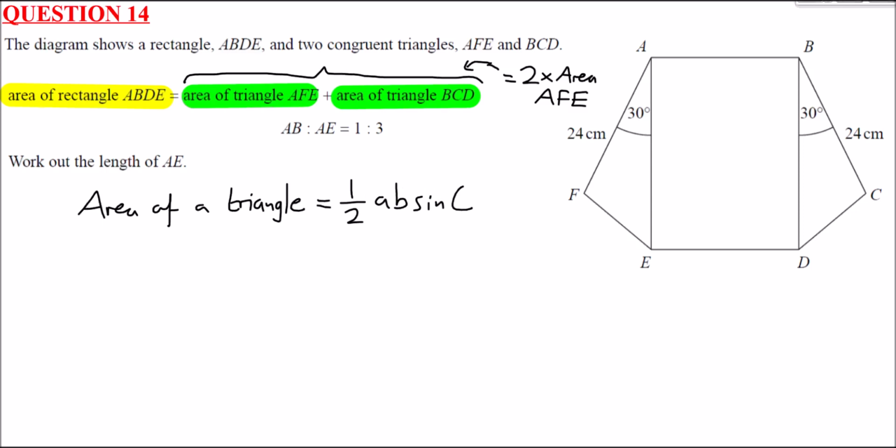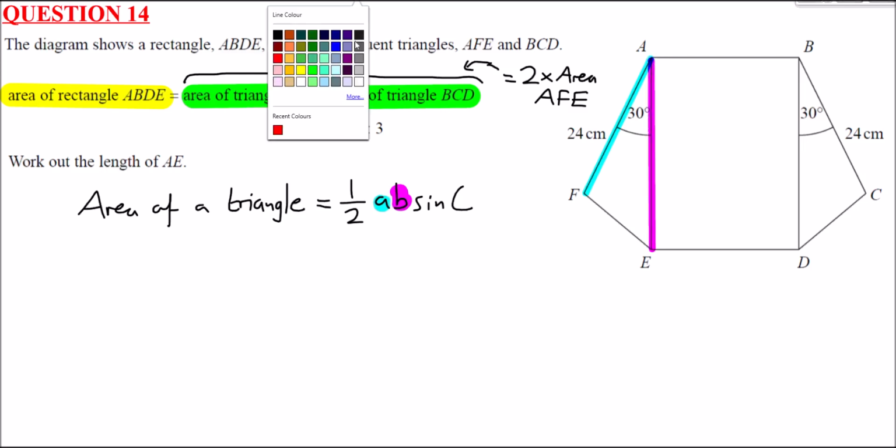So what I'm going to pick for this one now, I'm going to pick 2 sides as follows. I'm going to pick A as AF, which we know. I'm going to pick B to be AE, which is actually what we want to know.